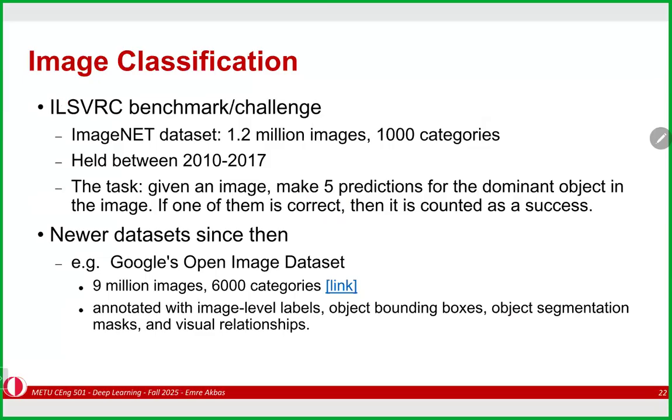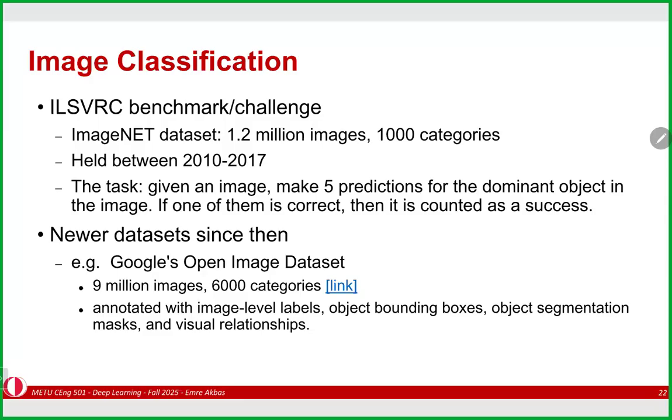The competition was held between 2010 and 2017, so it's no longer being done because at this point, researchers thought that this is solved because the neural network outperformed human performance. The task is you are given an image and your model should make 5 predictions for the dominant object in the image. If one of them is correct, then this is counted as a success.